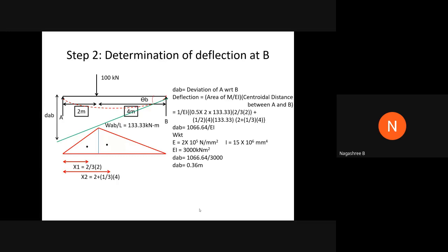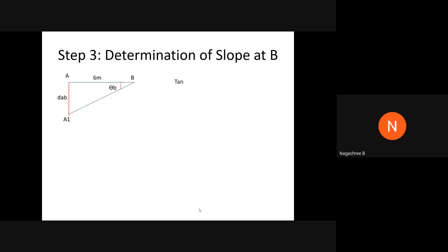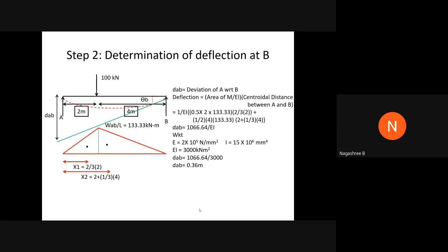Okay, the next thing is we need to determine the slope. In the previous step, the overall thing is represented as a triangle.